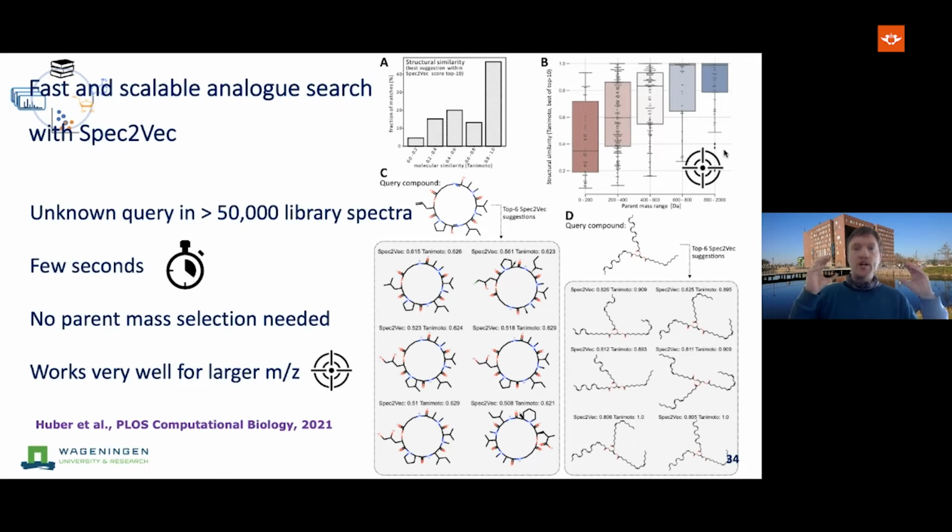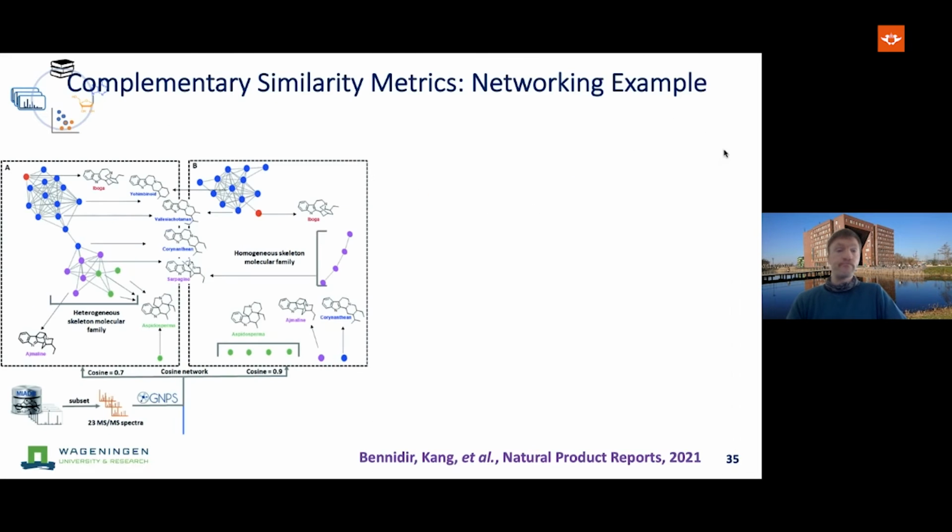Because tools like Canopus and Sirius and Cosmic, they're brilliant, but they're especially brilliant for the smaller small molecules, so up to 400-500 Dalton, and above that we still struggle nowadays, and I think this kind of developments will really help to also attack that area of unknowns.